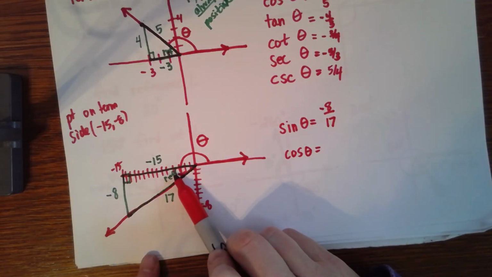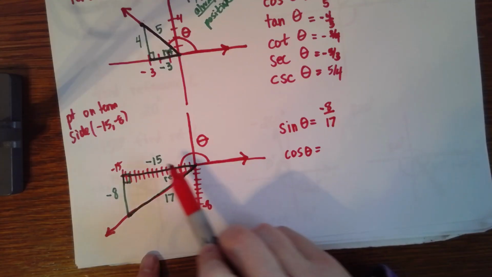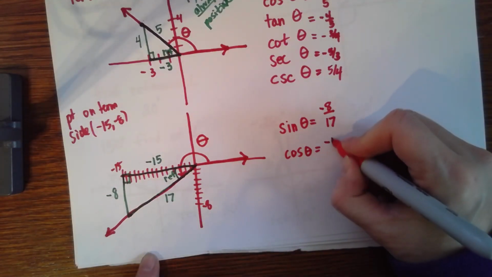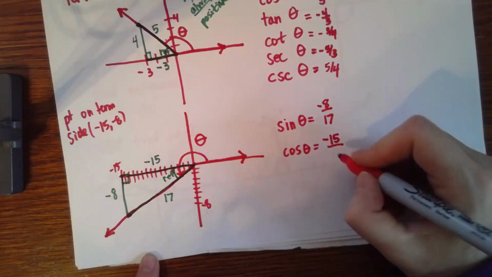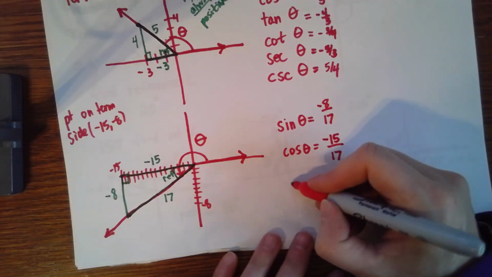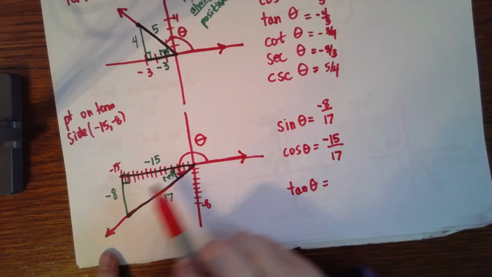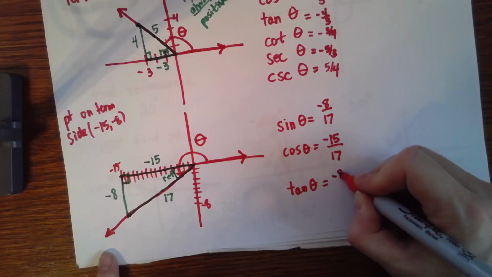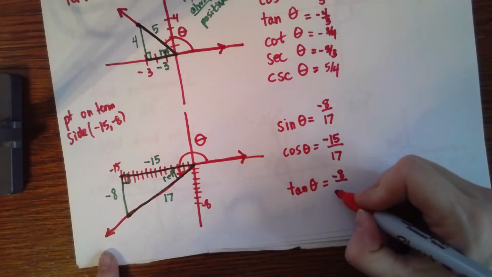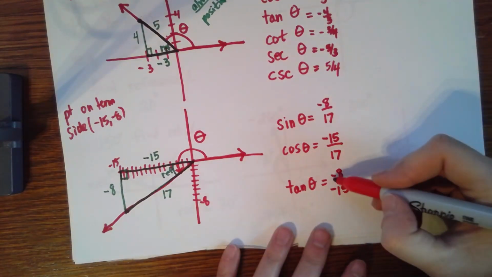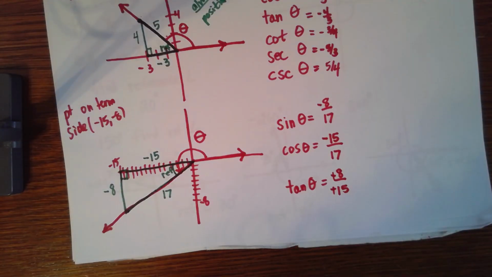It will be adjacent, which is negative 15, over hypotenuse, which is 17. And then my tangent value will be opposite, negative 8, over adjacent, negative 15. Negative divided by negative is positive, so that will be a positive 8/15 for the tangent.